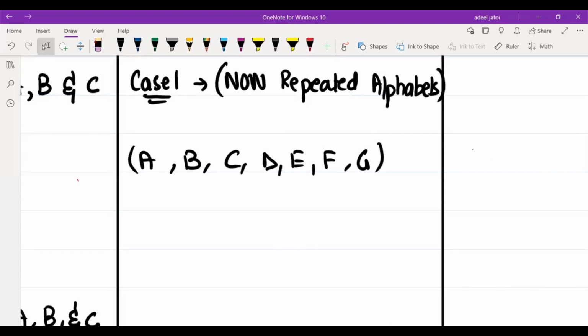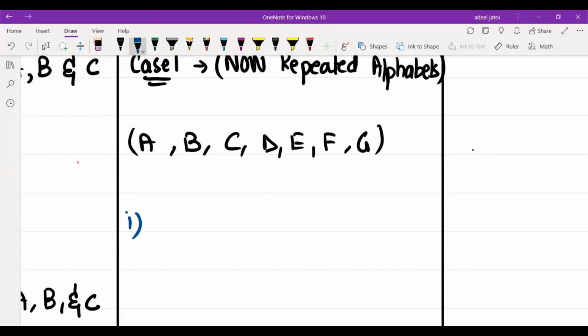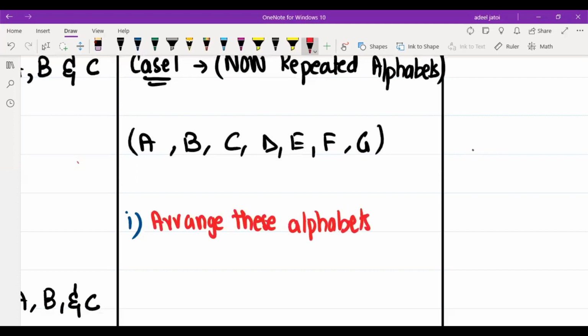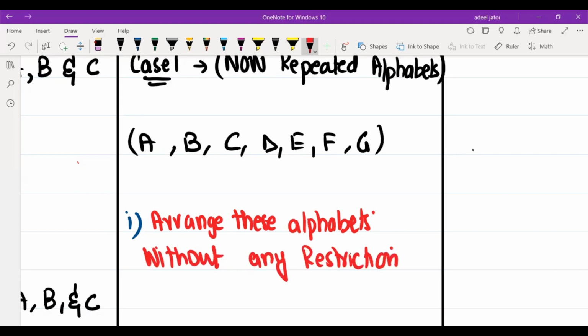So if I just say arrange these alphabets without any restriction. Now the question clearly says arrange.